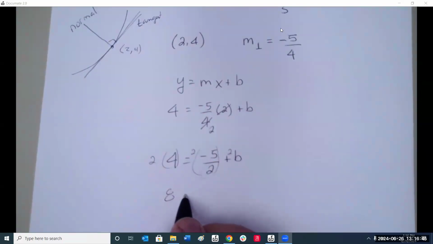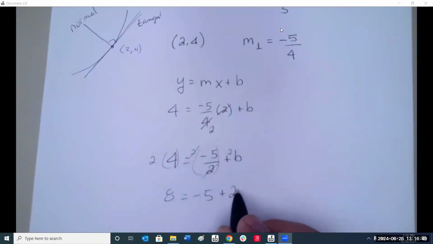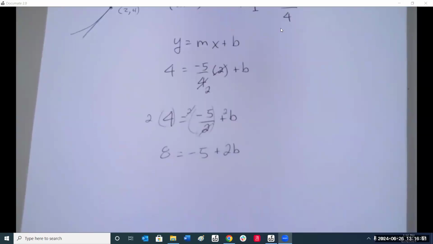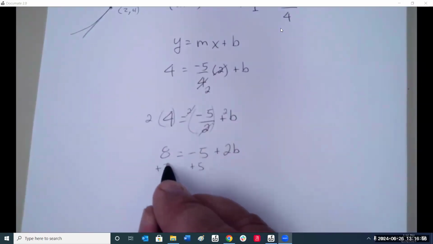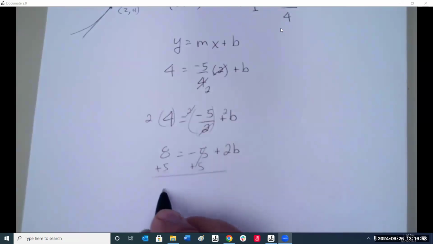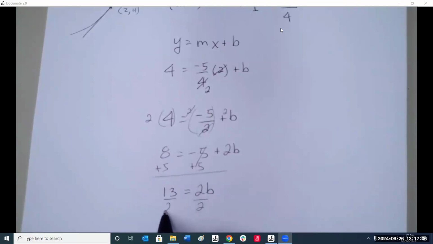We get 8 equals negative 5 plus 2b. 13 equals 2b. So our y-intercept is at 13/2.